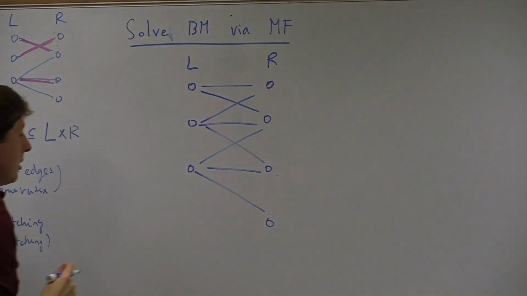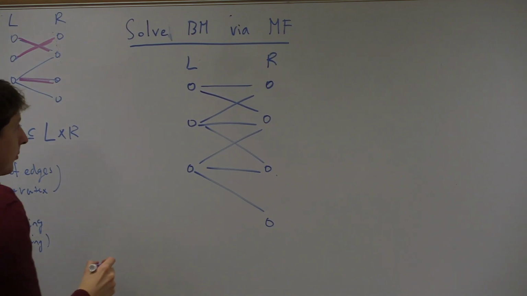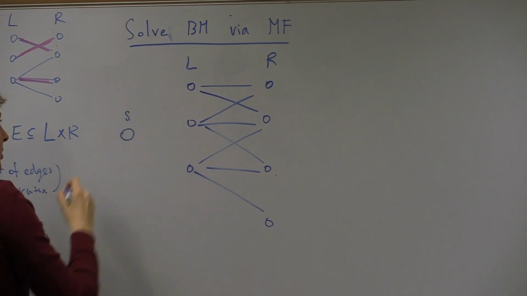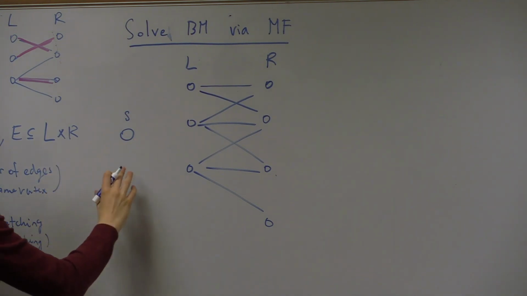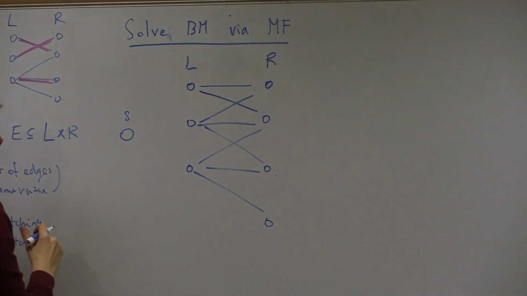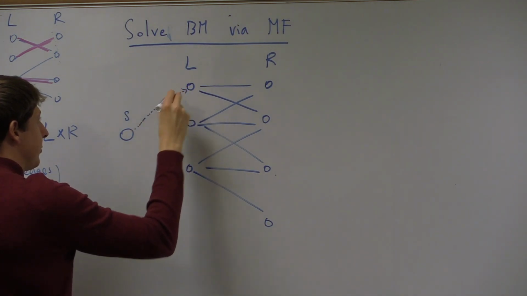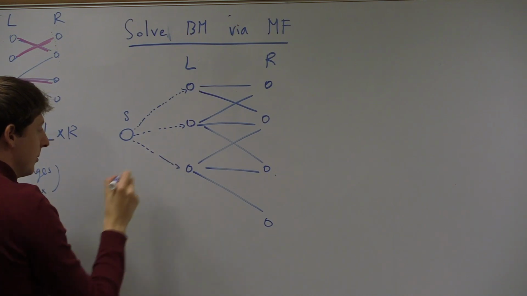What we're going to do is take this instance and turn it into a network. So we're going to introduce an additional source vertex S off to the side. This is neither left nor right. It's just, I guess, left, further out. And we're going to connect it with directed edges to all of the left vertices.